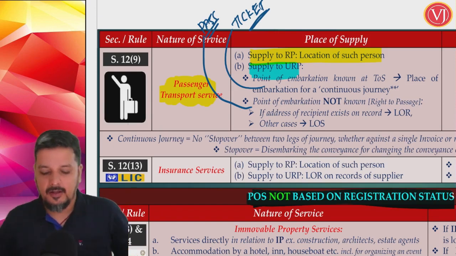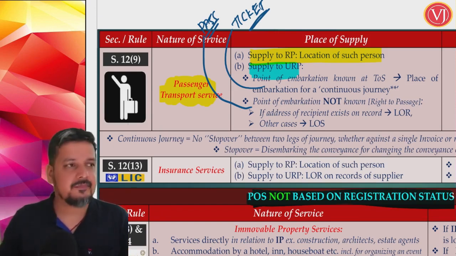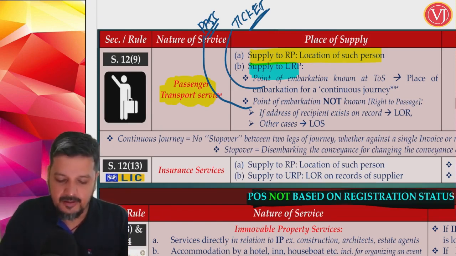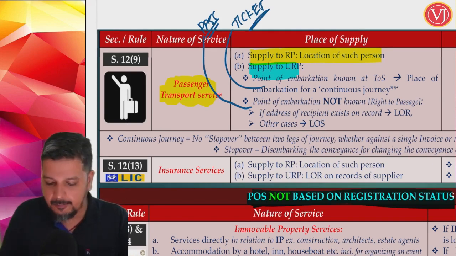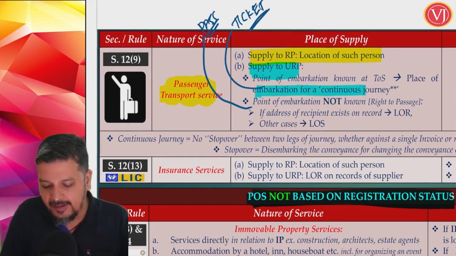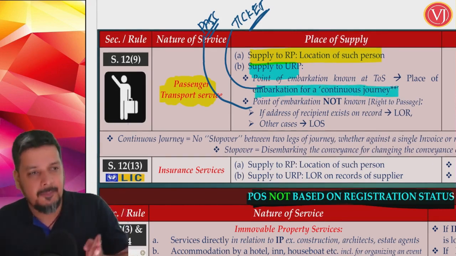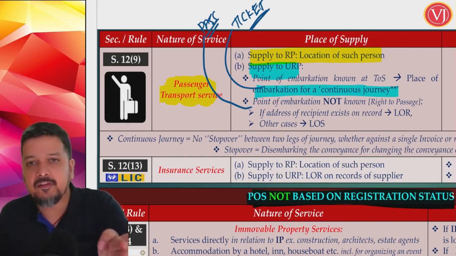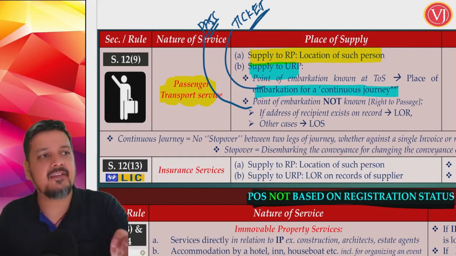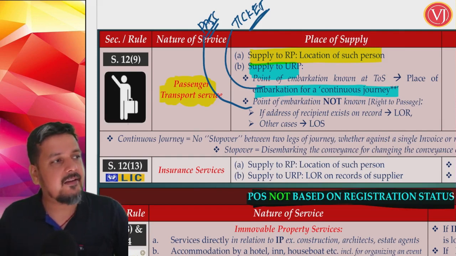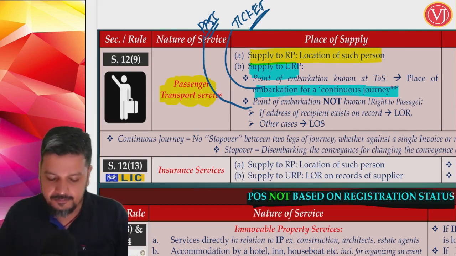Now, for a normal ticket B2C, the place of supply is the place where the passenger embarks the conveyance, which means the passenger enters the conveyance for continuous journey.